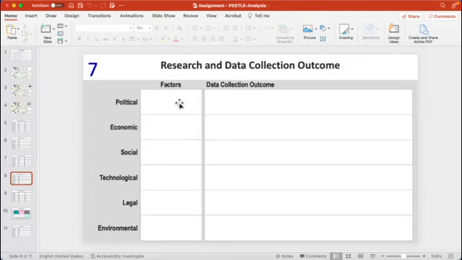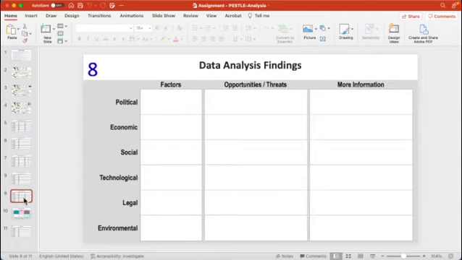Here we have the factors, the topics. Here we have the outcome, the trends or the results of the research. And this one is the analysis, where for the factors, for example change in government, we have to write down what the opportunities and threats are. Again, don't write a book here.